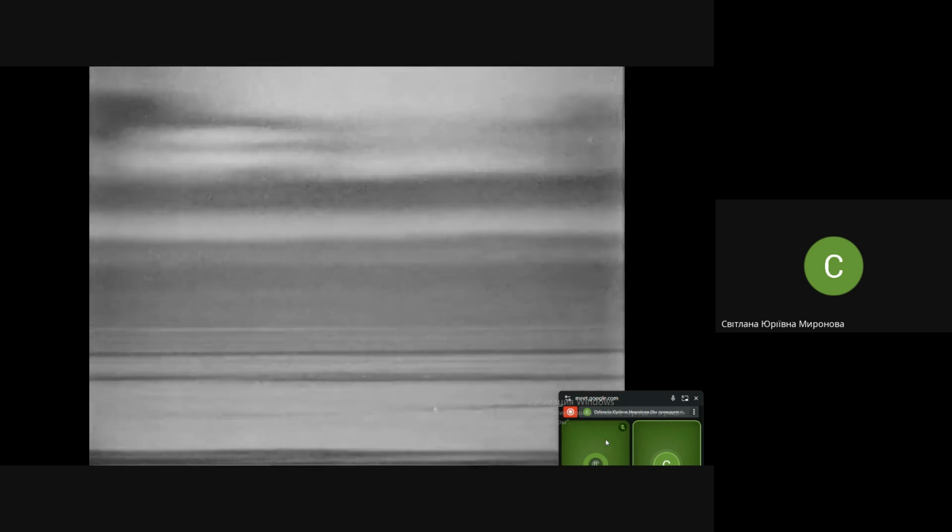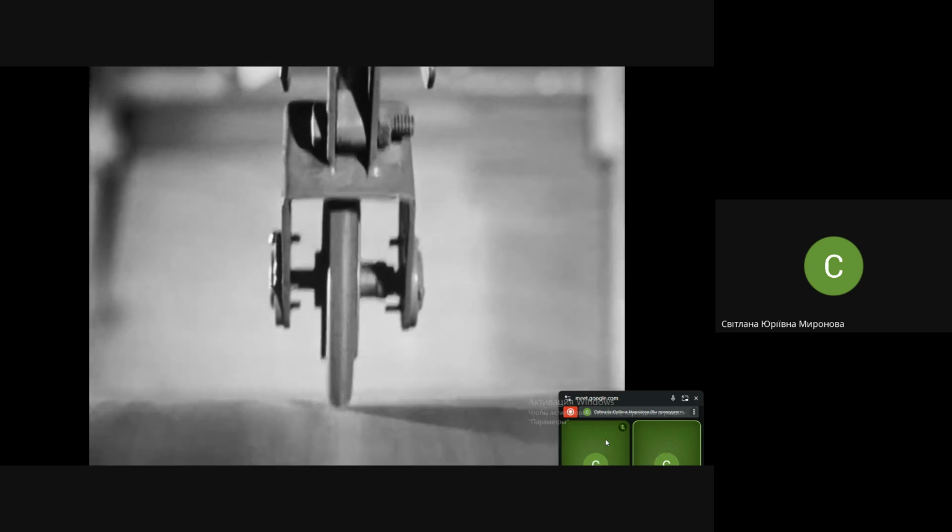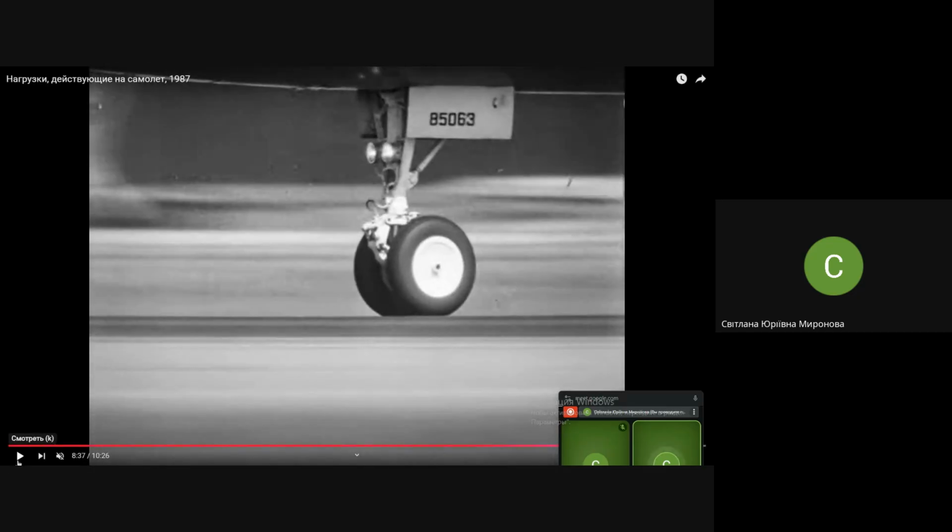Look, it's called shimmy. You will see it practically in real life. It starts dancing along the way. It's rather similar to flutter, but happens to the wheels.